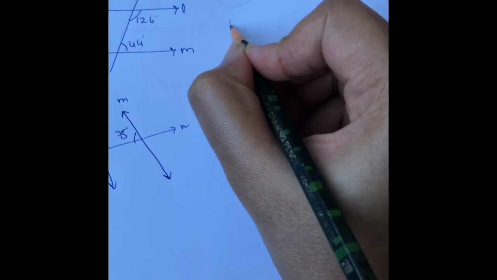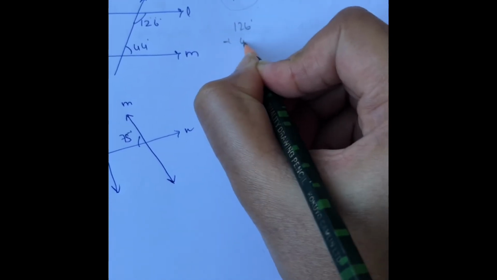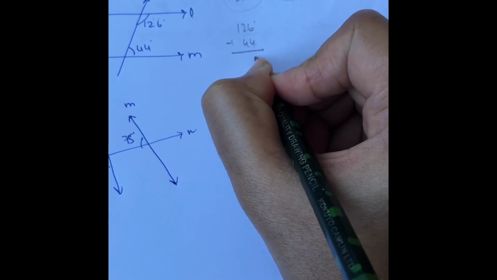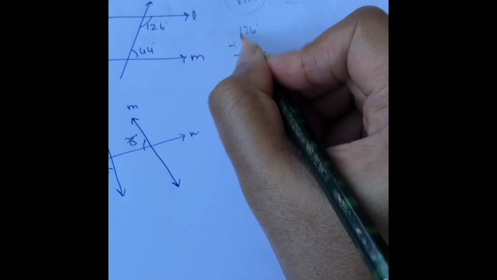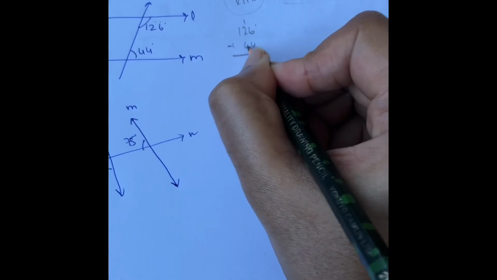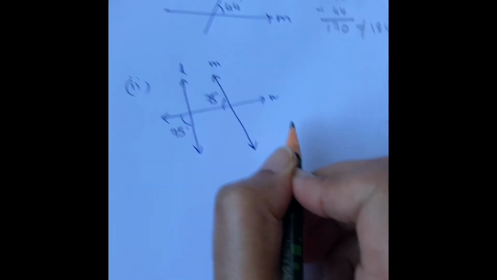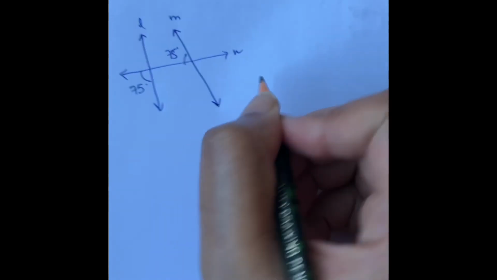So let's check if 126 plus 44 is equal to 180 degrees. This is 170. It is not equal to 180 degrees, which means L is not parallel to M. So let's move to the next question.